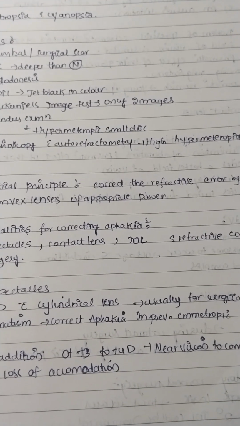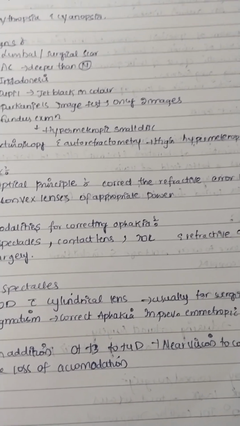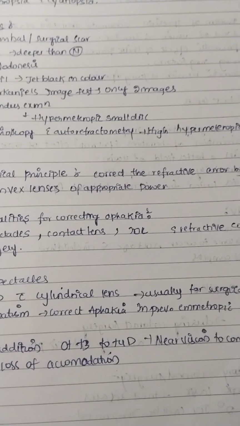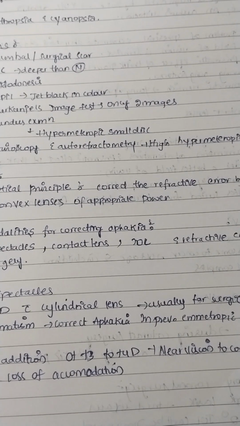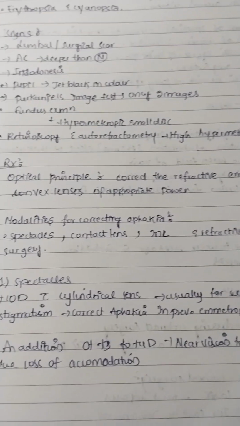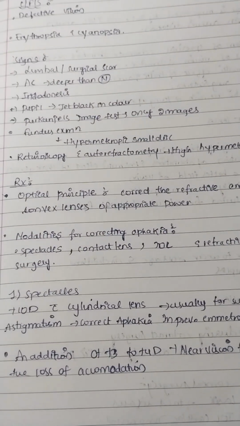First we have to know whether a concave lens is needed, convex is needed, or cylindrical is needed. Concave is for myopia, convex is for hypermetropia, cylindrical is for astigmatism correction.